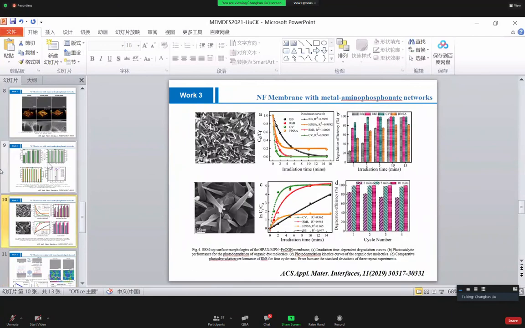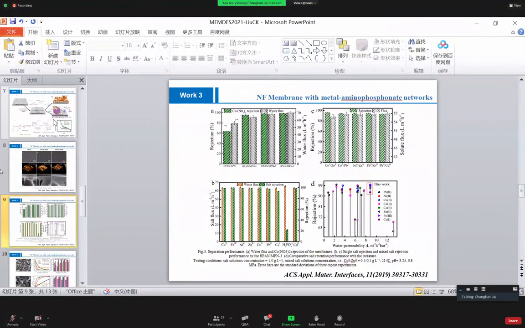Actually, we prepare such kinds of membranes, such as the nanofiltration membranes, because we would like to reject heavy metal ions, so we have to design a special surface that contains functions to reject the metal ions. At the same time, there will not be much sacrifice in the water flux.